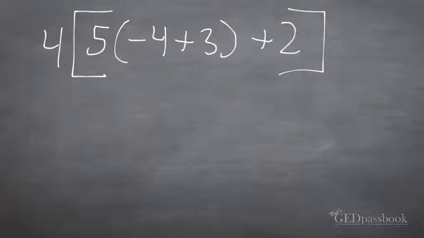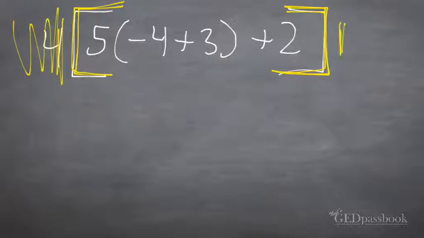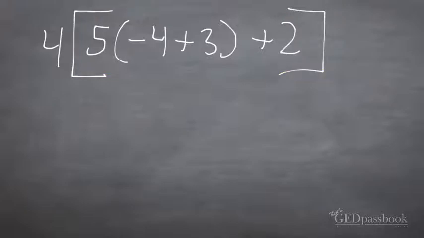So let's look at it like this. Either you look at it as a bracket or you look at it as parentheses. No matter what, you have to go into it. We have to go into this parentheses, aka brackets, and forget about everything else that might be around it. So if we go into it, what do we see? Well, I see a 5 times negative 4 plus 3 plus 2.